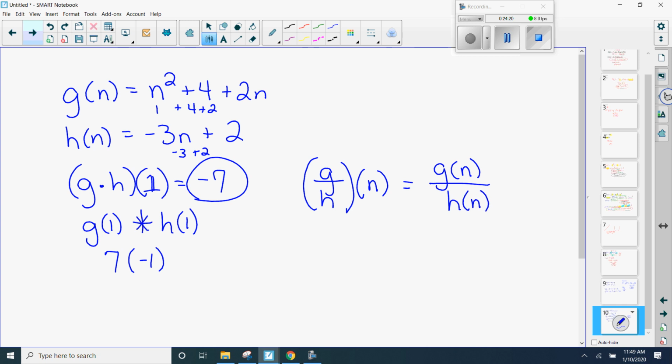Let's do 1 since we've already got 1. So what is g of 1 divided by h of 1? 7 over negative 1, which has a value of negative 7.